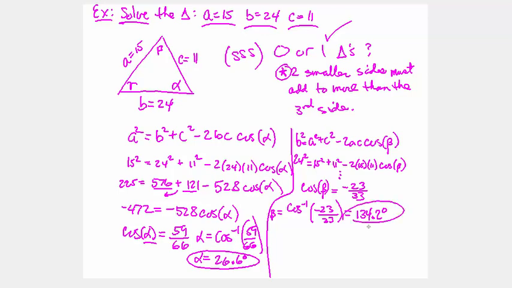That means gamma can be found simply by subtracting these other two angles from 180. And so if you do that, it turns out gamma should be about 19.2 degrees. And that's just using the rounded angle final answers here for alpha and beta to do the subtracting, and then give us gamma.